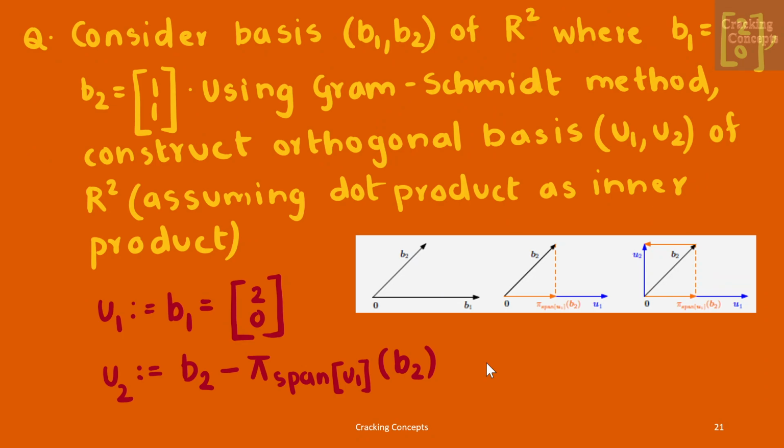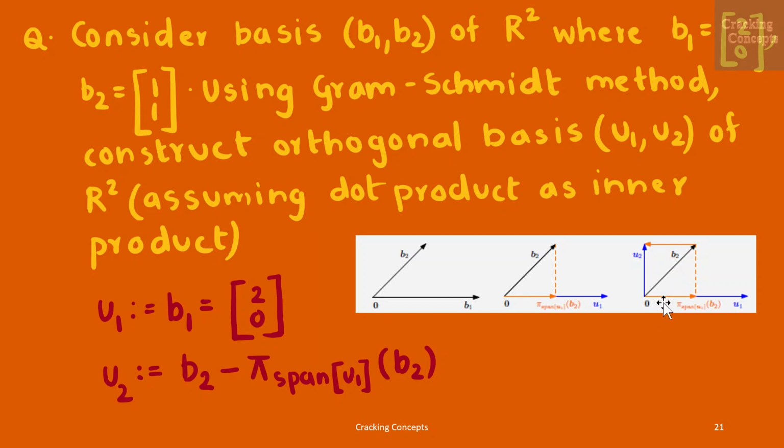The procedure of constructing orthogonal bases is given in these diagrams. Here the first new basis vector u1, which is given by b1, and the projection of b2 onto the subspace spanned by u1 is given.